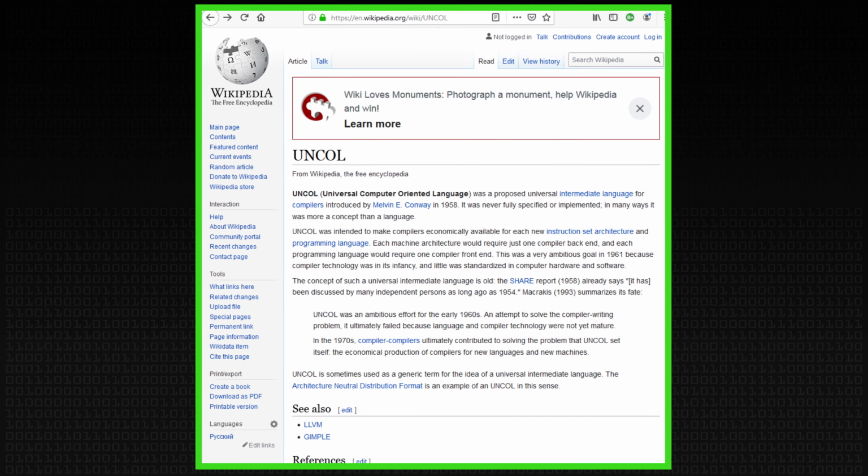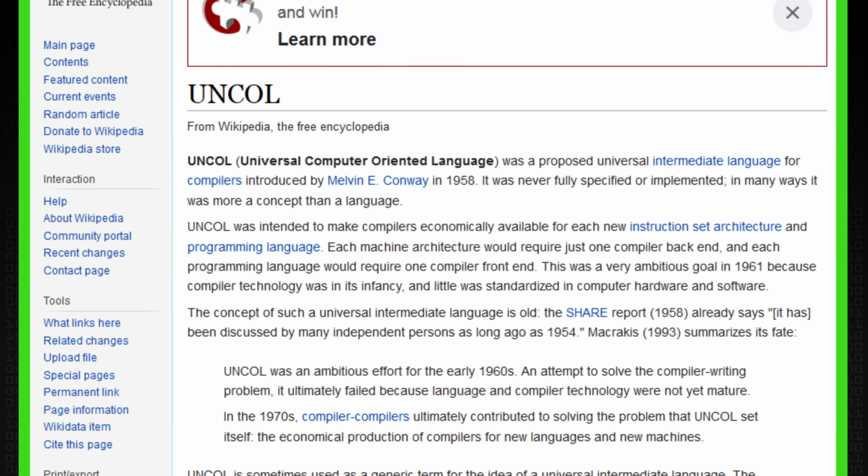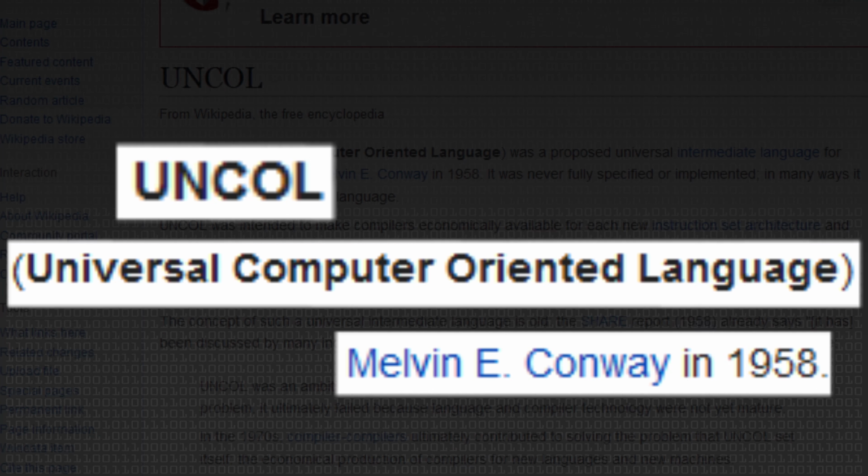This approach at the time became so well known and so discussed that it even had its own title, the UNCOL problem. UNCOL, I think it stood for Universal Computer Language.